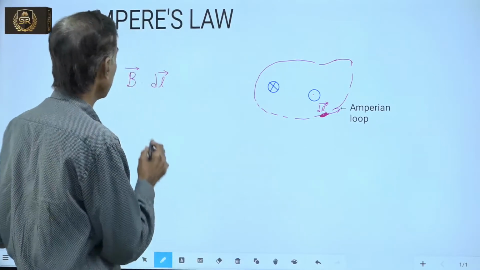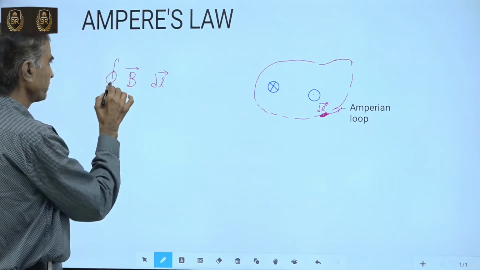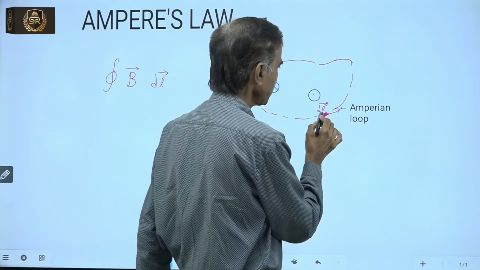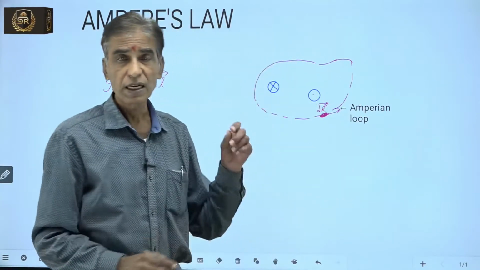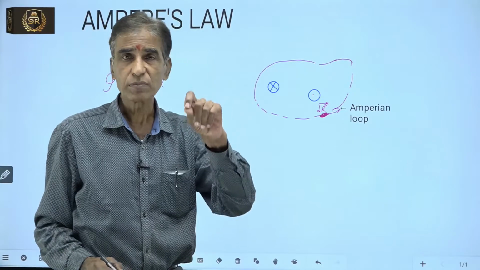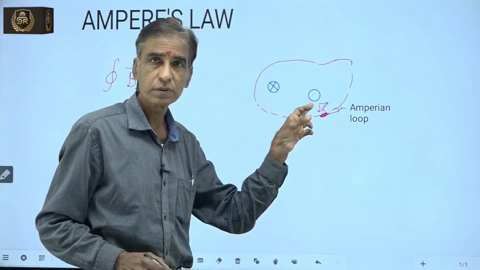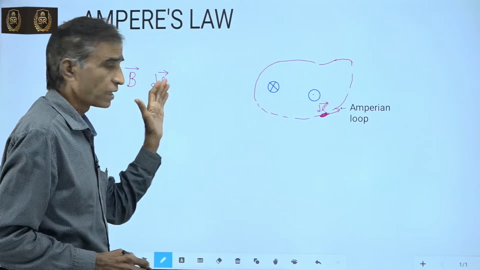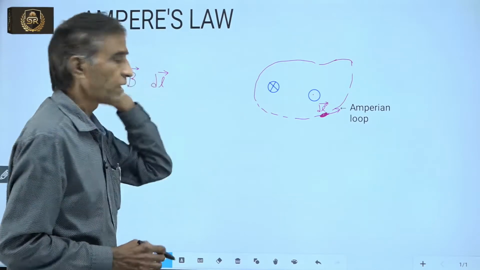B dot dl, closed integral, means we are performing the integration around this closed loop. When we perform the integration around this closed loop, we call it the line integral of B dot dl.